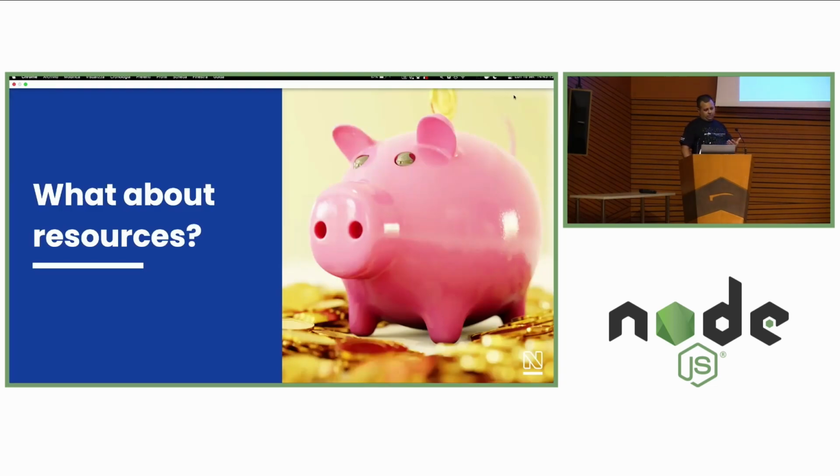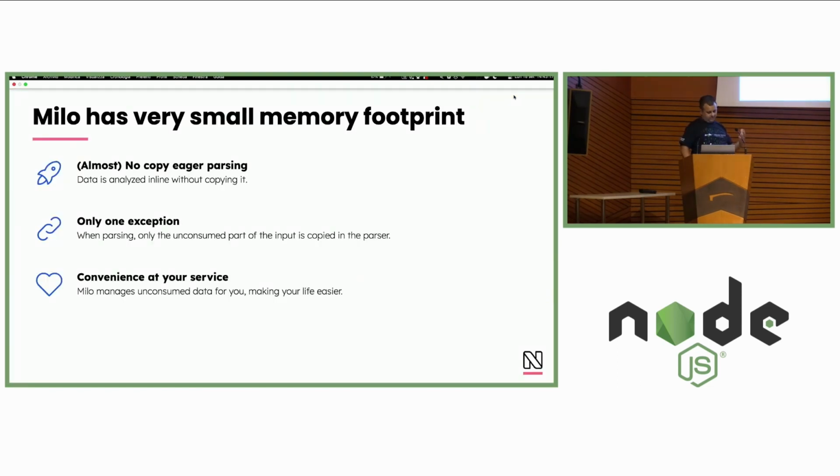Now comes another question. What about resources? How much data does Milo use? Once again, I chose to follow the same approach as LLHTTP, so I'm not copying anything. I'm doing a no-copy eager parsing of input data.